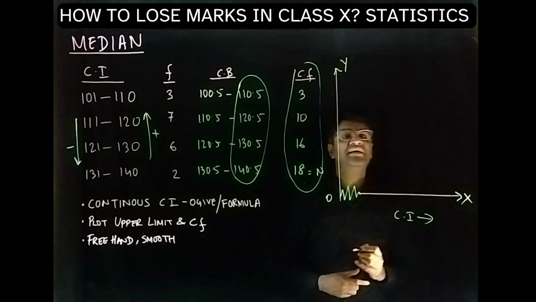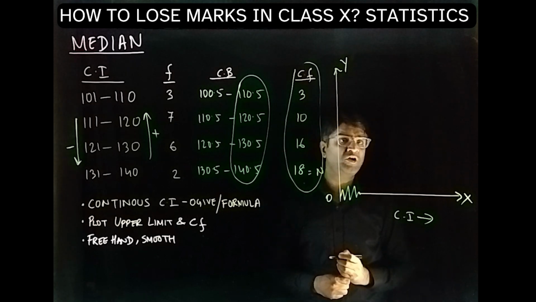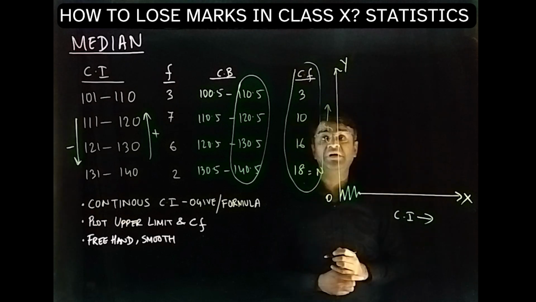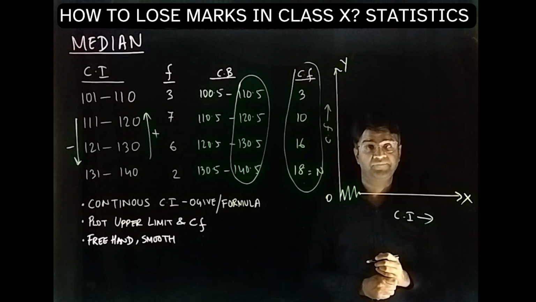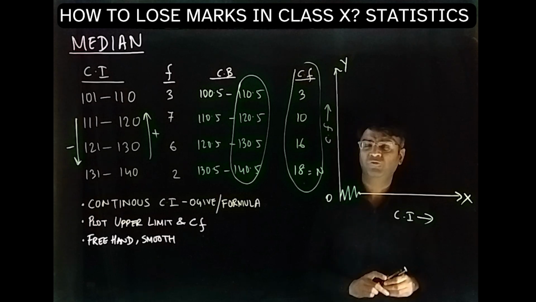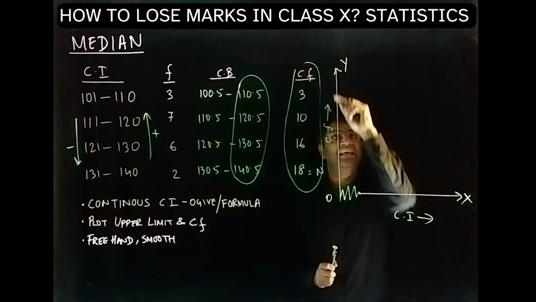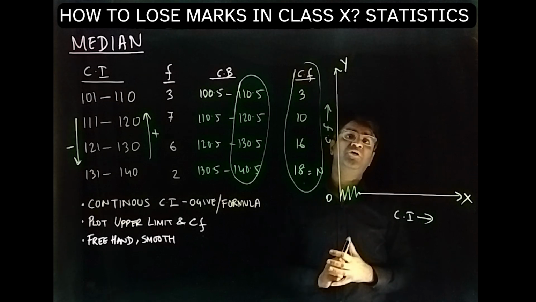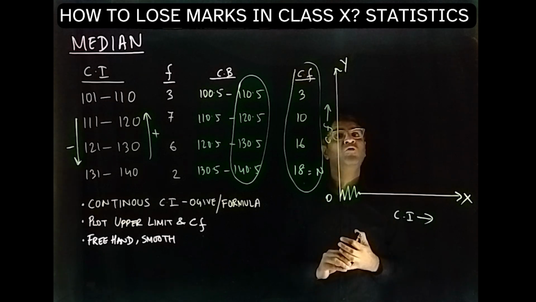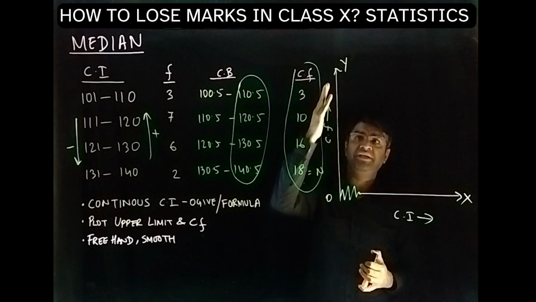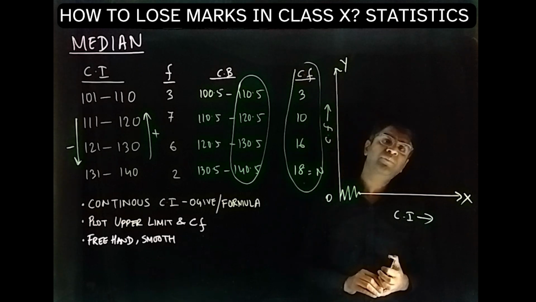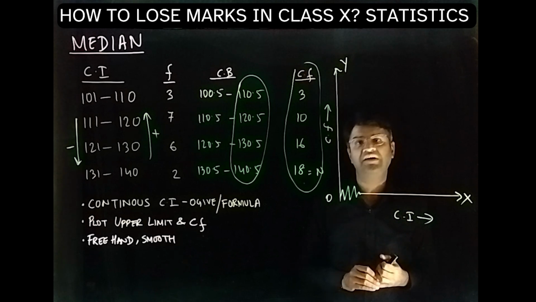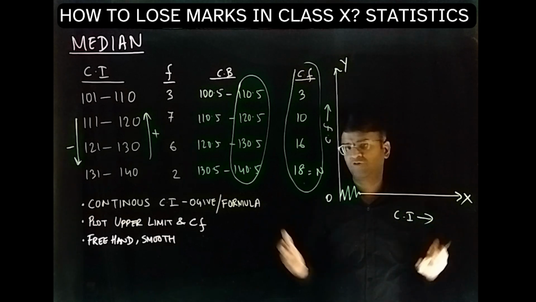But on the y-axis, in the case of an ogive or cumulative frequency curve, it is going to be cumulative frequency, not frequency. So you will have to be very careful when you choose the scale on the y-axis. You will have to make sure the highest number of the cumulative frequency also fits comfortably on the y-axis. Remember, if the scale is already given to you, you are bound to use that scale. If not, then it's your choice.